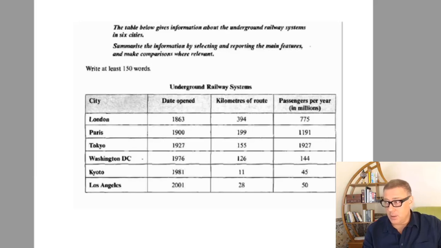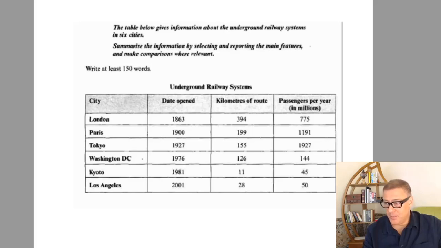Okay, so hundreds and thousands versus double digits. So again, 144 for Washington, D.C. is closer to Kyoto and Los Angeles than the other 3, so we could sort of divide that in half, where London, Paris, and Tokyo each have significantly more passengers per year than Washington, Kyoto, and Los Angeles. Okay, so there's some division there.